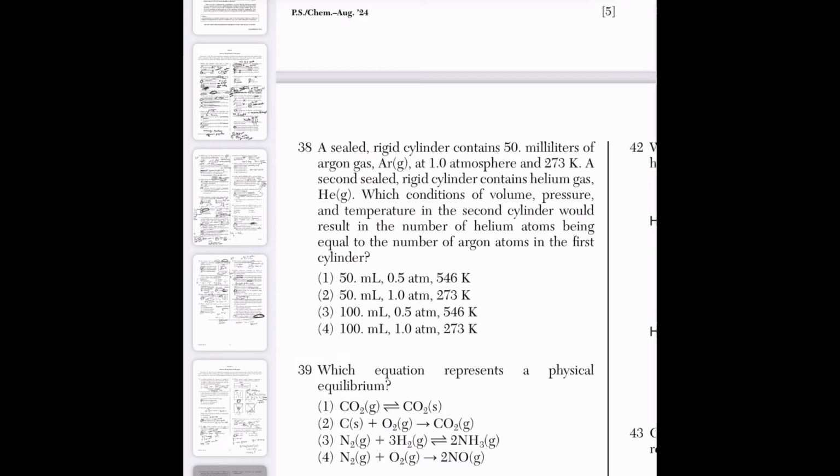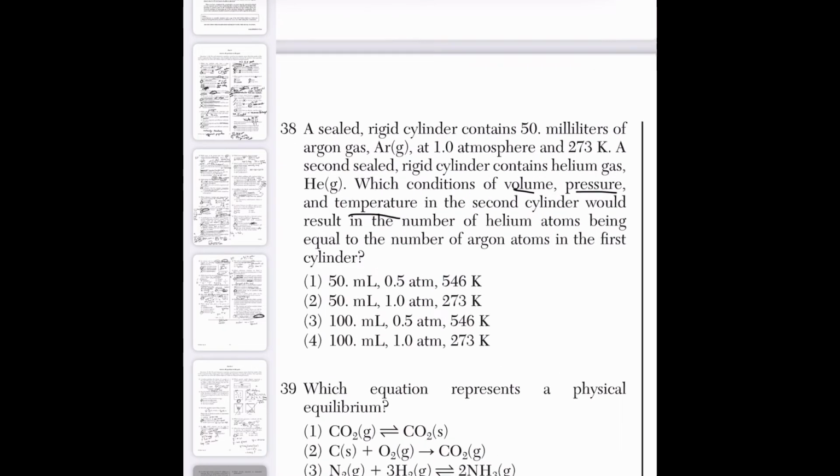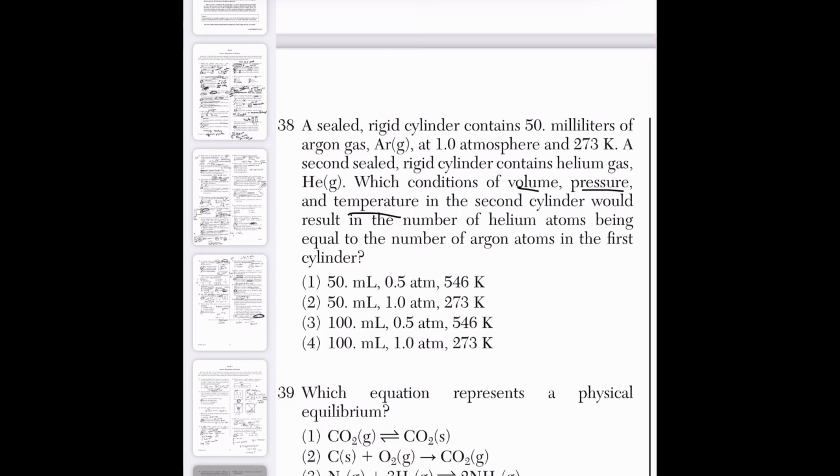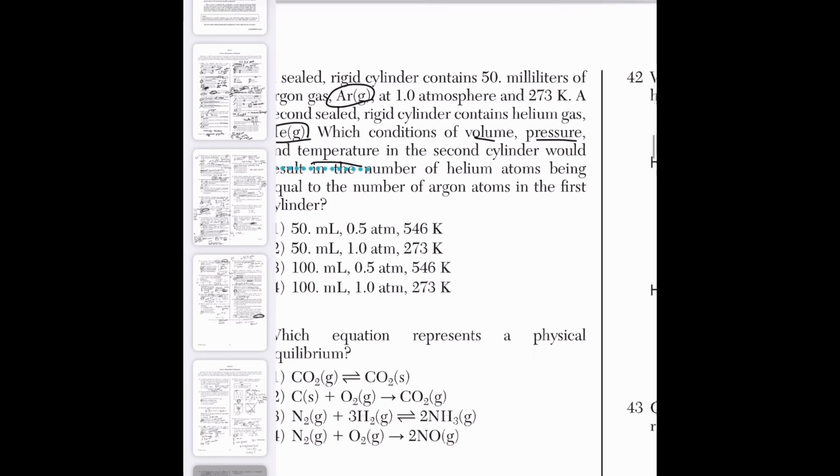A sealed rigid container contains 50 milliliters of argon gas. A second sealed container holds helium gas. Which conditions of volume, pressure, temperature in the second container would result in the number of helium atoms being equal to the number of argon atoms in the first container? Okay, so it would have to be the same conditions because argon and helium are pretty similar.